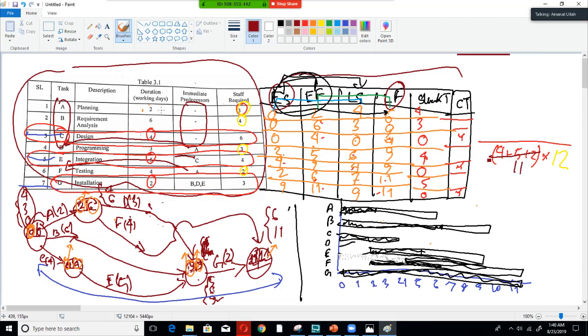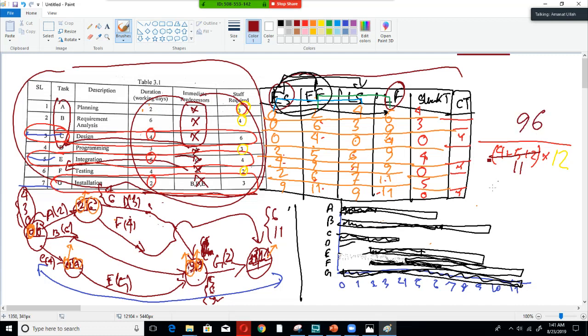Above, we have to multiply each of these: 2 into 3, 6 into 4, 4 into 6, 3 into 3, 5 into 4, 4 into 2 and 2 into 3, and sum all of these. So 2 into 3 plus 6 into 4 plus 4 into 6 plus 3 into 3 plus 5 into 4 plus 4 into 2 plus 2 into 3 gives us 96.